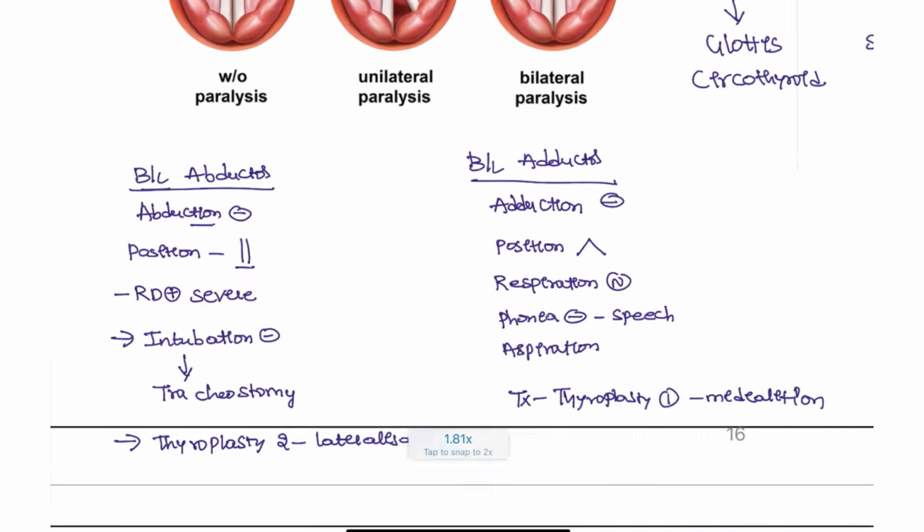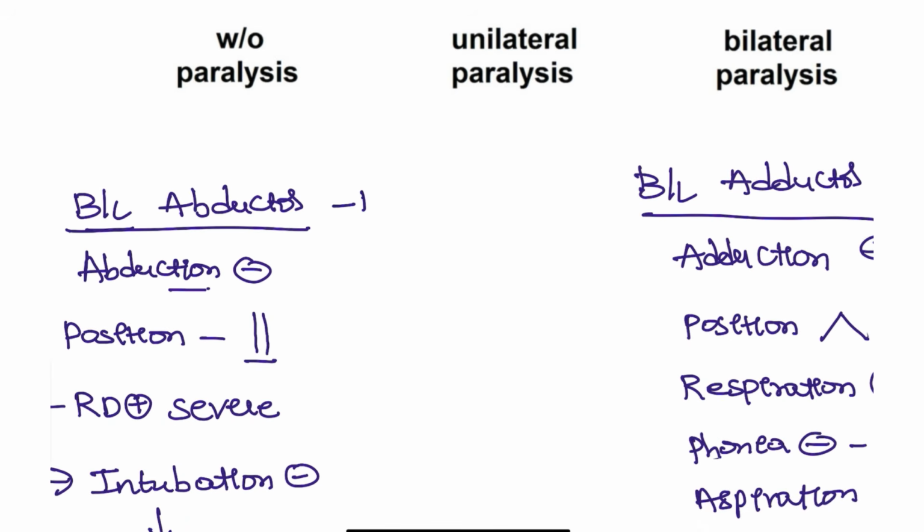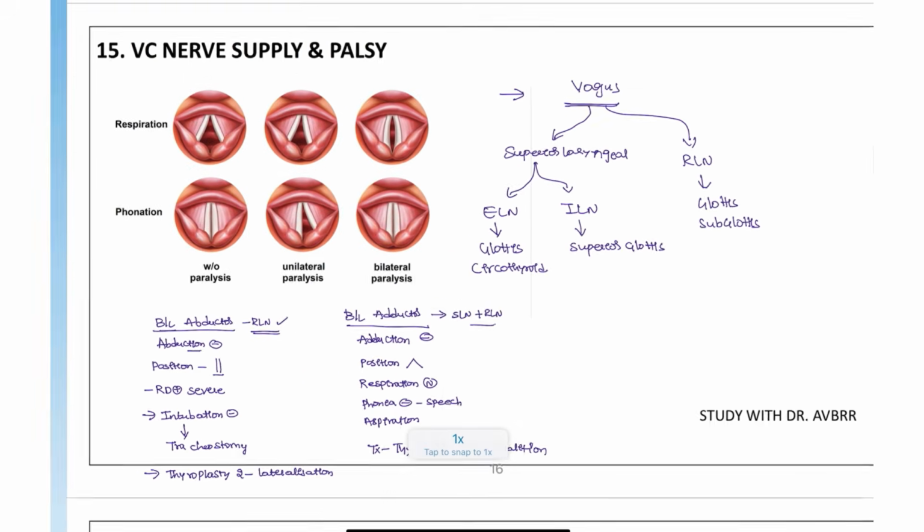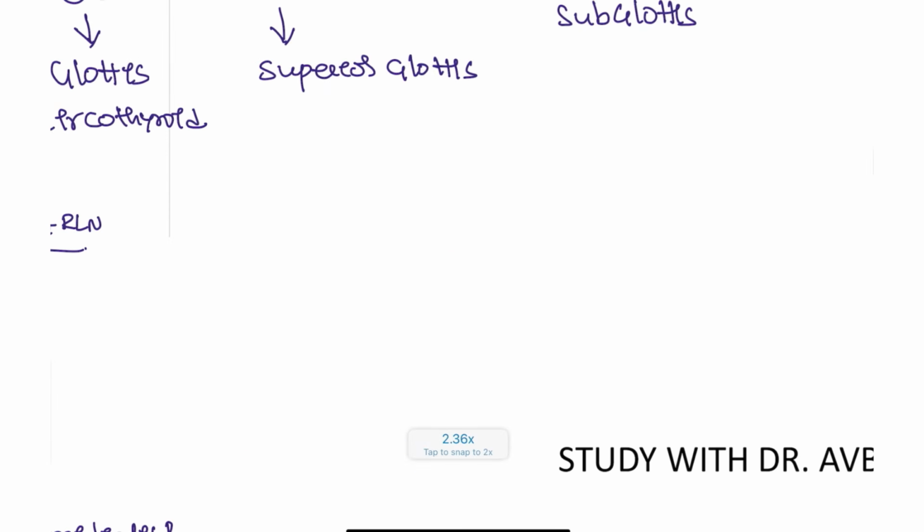Bilateral abductor palsy is due to recurrent laryngeal nerve damage. Next, bilateral adductor palsy is caused by superior laryngeal nerve plus recurrent laryngeal nerve damage. But the most common nerve injured in thyroid surgery is the superior laryngeal nerve, the external laryngeal nerve, then the internal laryngeal nerve.